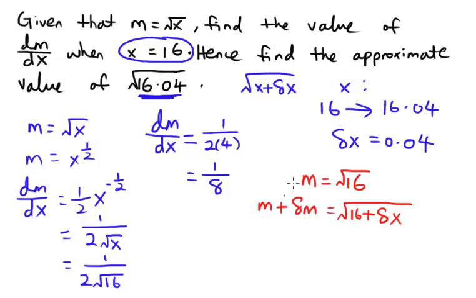We know that when x is 16, your m is the square root of 16, which is 4. Now, when x plus delta x, we will have m plus delta m. So we need to find out what our delta m would be.